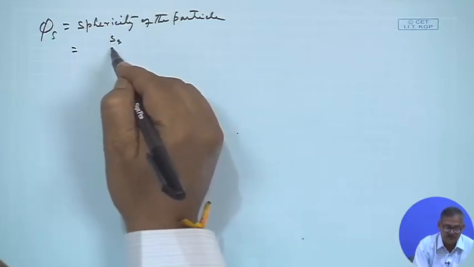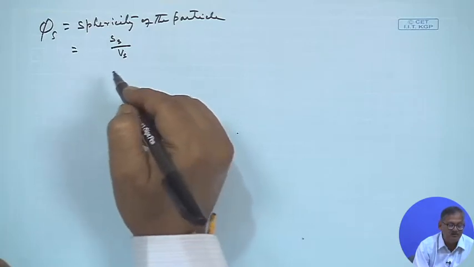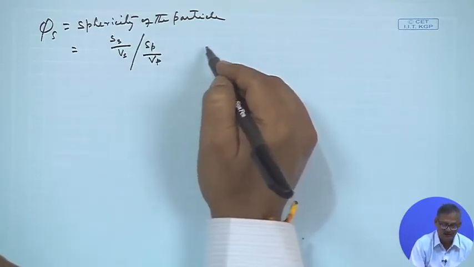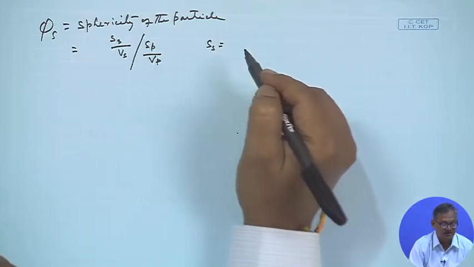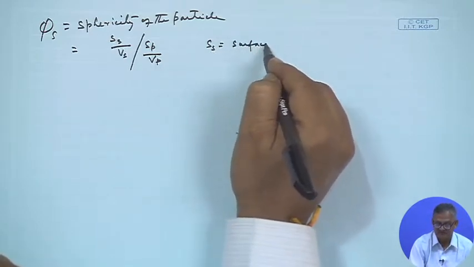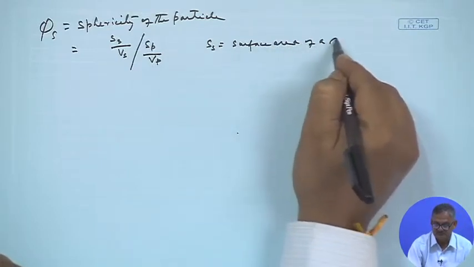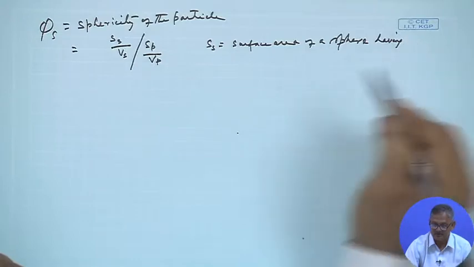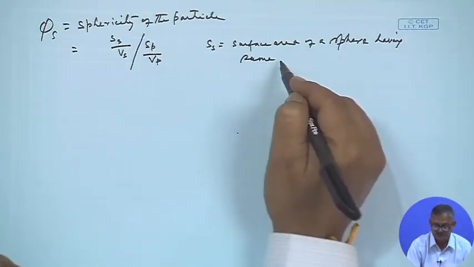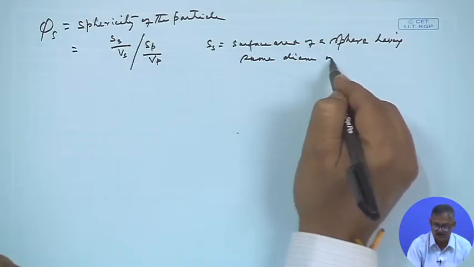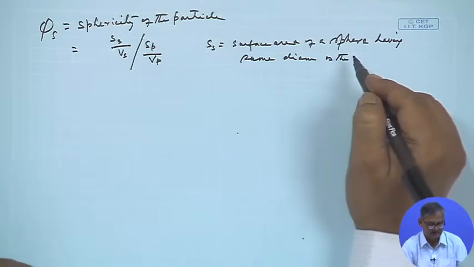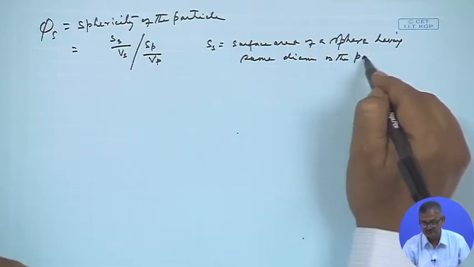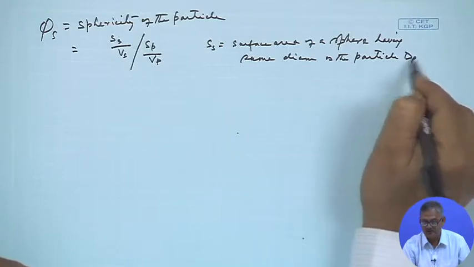SS over VS over SP over VP, right, where SS is the surface area of a sphere having the same diameter as the particle, dP, in meter square.